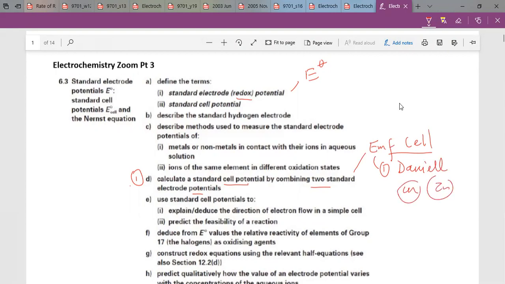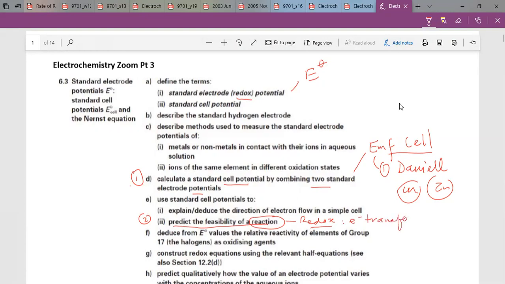The second is to predict the feasibility of a reaction. Now, this is not any reaction, it's a redox reaction, because there must be electron transfer.